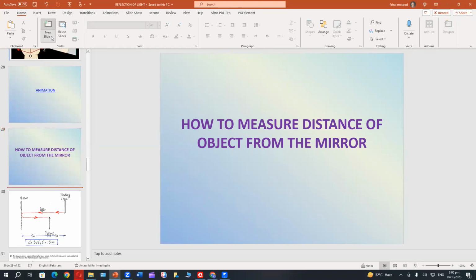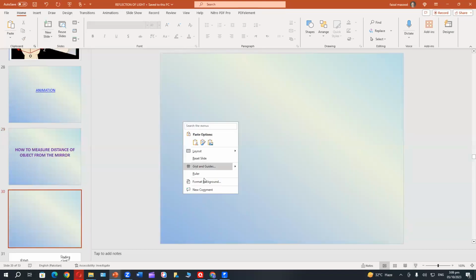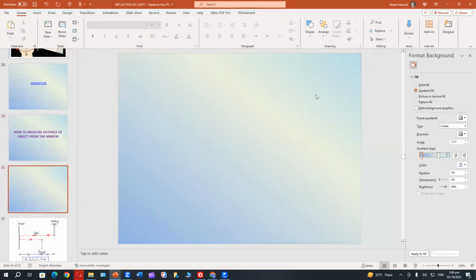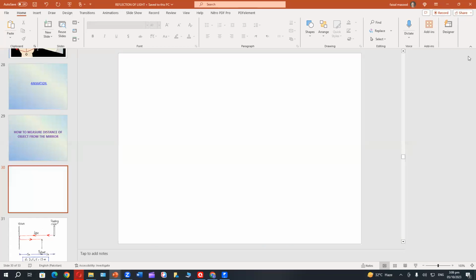So light travels some distance. So our concept is how much distance will appear when you look at an object inside the mirror.